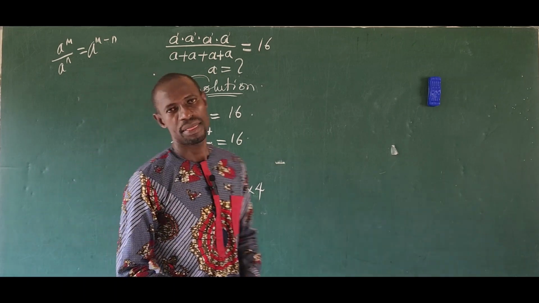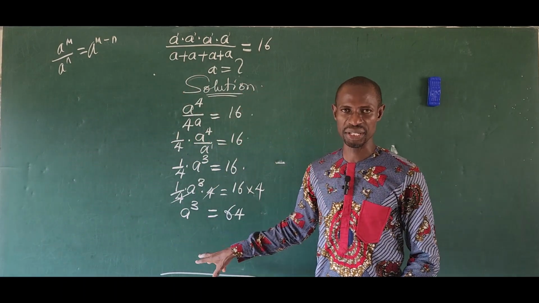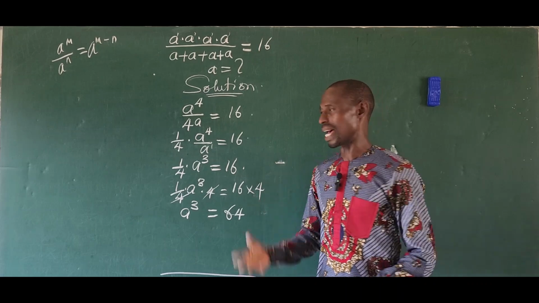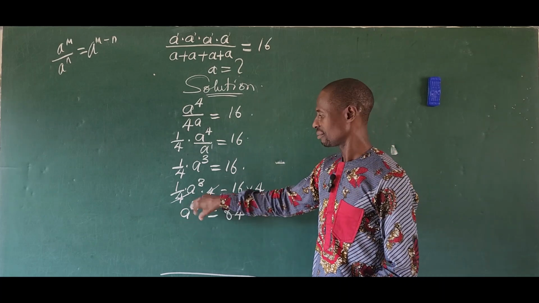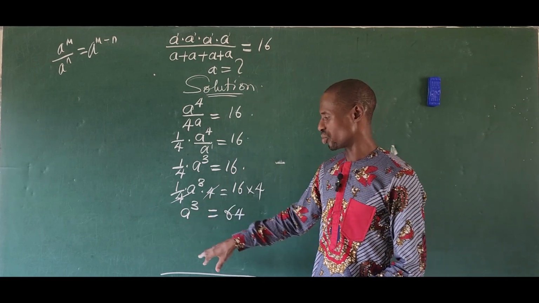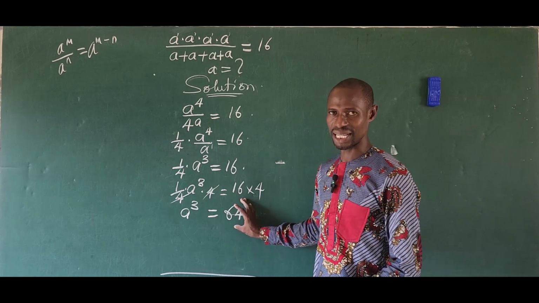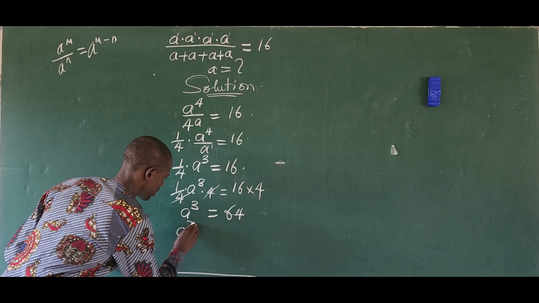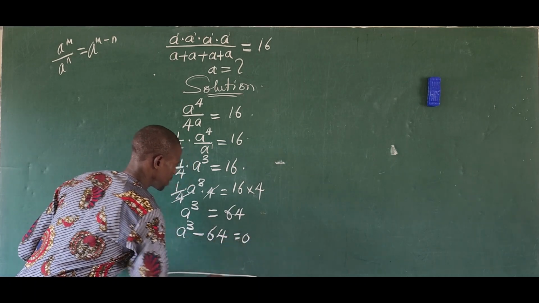All right. Now, if we decide to take the cube root of both sides of this equation, we're going to come up with just 1 root. But I said we are to look for 3 roots here with this power we are having here. And so we move the quantity on the right-hand side to the left-hand side. And so this is going to give us a to the power of 3 minus 64 equal to 0.